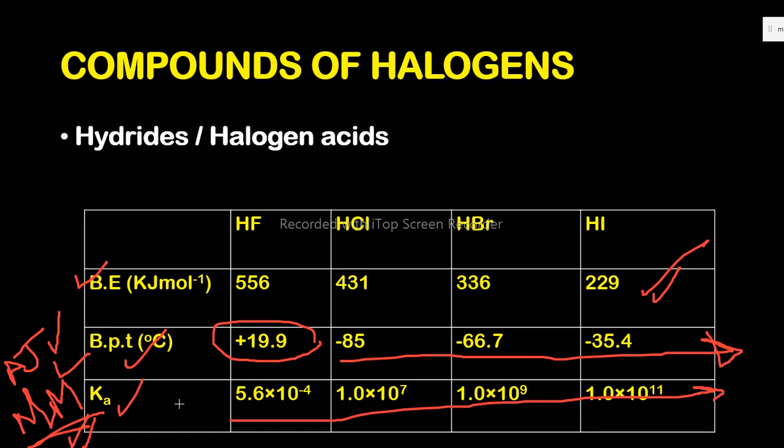So it requires too much energy to be broken, or releases too much energy when the bond is broken. No, you require energy to break the bond, and you release energy when the bond is formed. Okay?